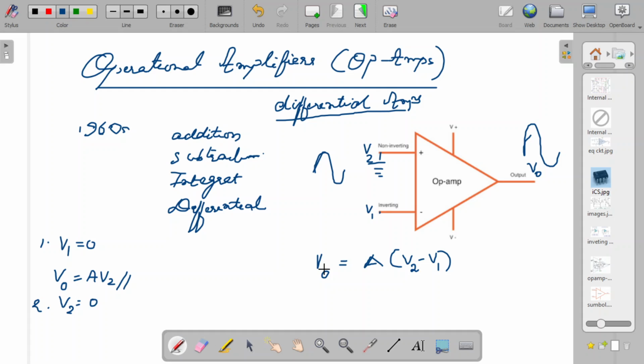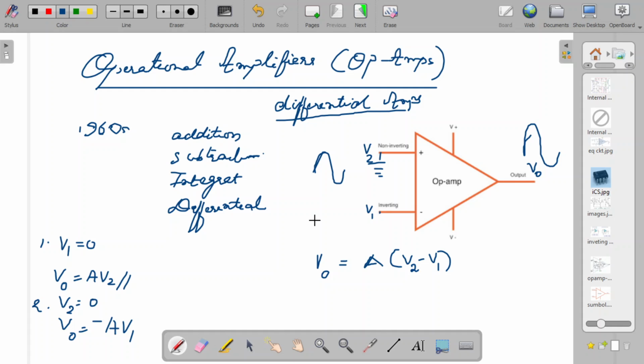So according to the output, we know output voltage VO is equal to A times V2 minus V1, and you know that V2 is 0 here. So you will get minus A times V1, which means that you get the output which is in opposite phase as that of the input.